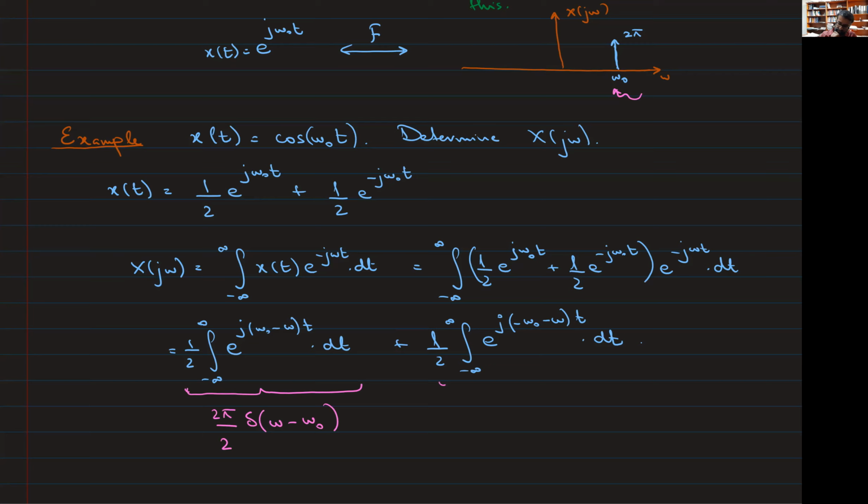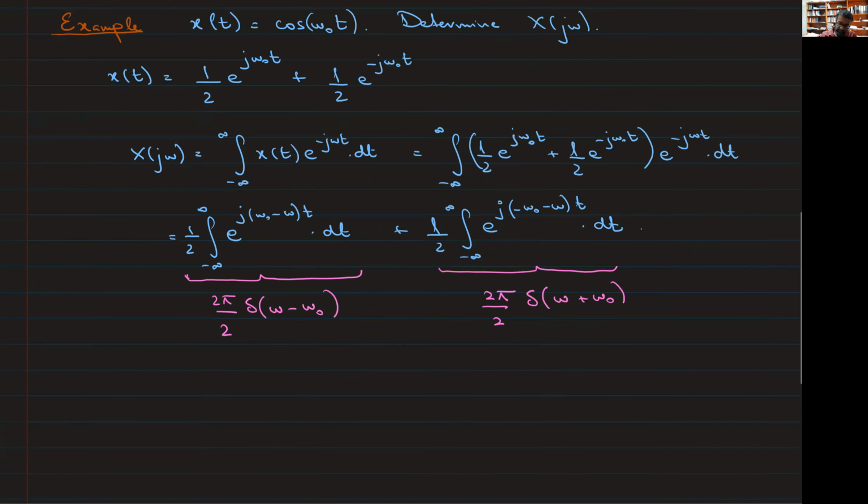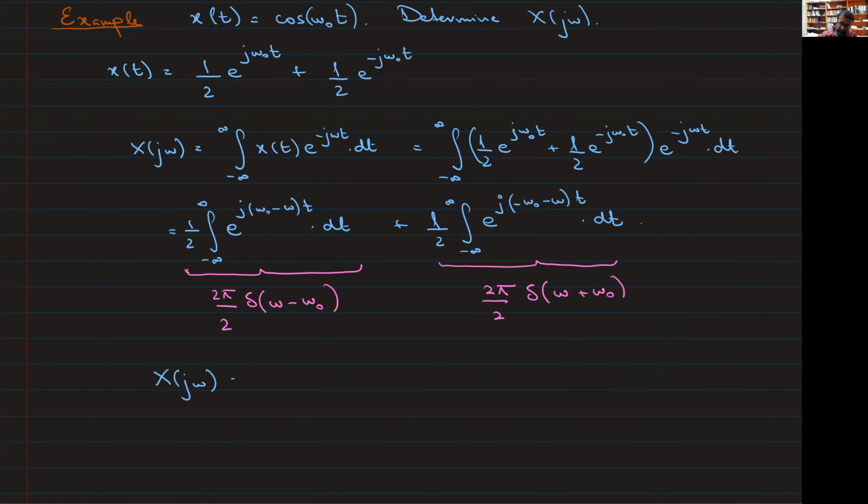And the other is equal to 2 pi divided by 2 times delta omega plus omega naught, right? And therefore, x of j omega equals pi delta omega minus omega naught plus pi delta omega plus omega naught.